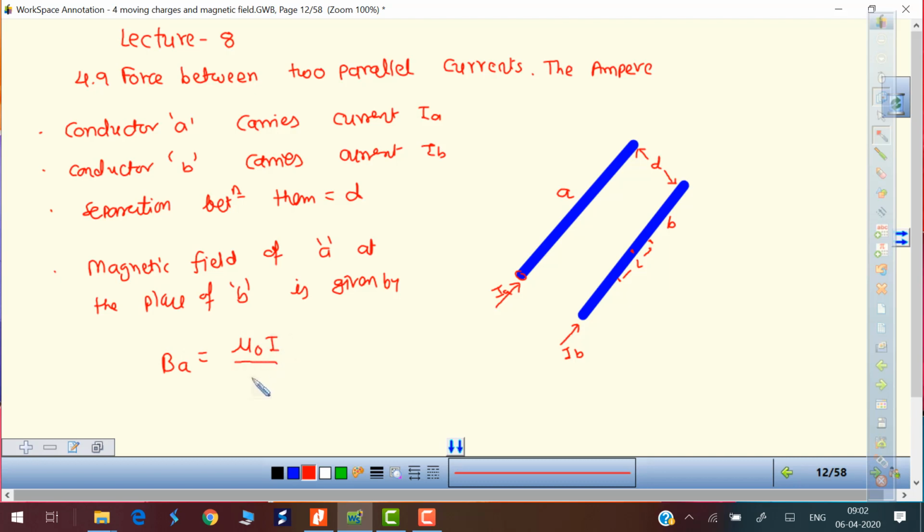So BA is given by mu 0 I upon 2 pi distance d. So this is the magnetic field produced by A at this point here, at all these points.